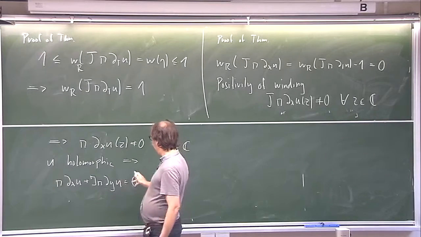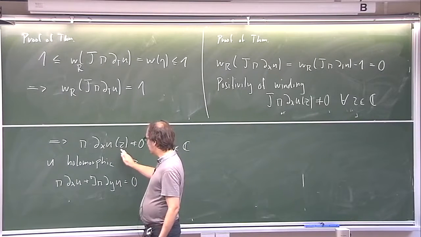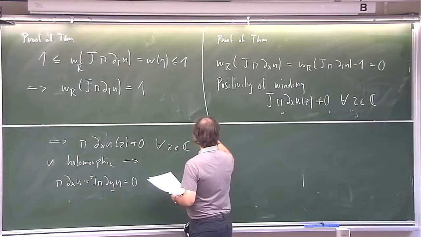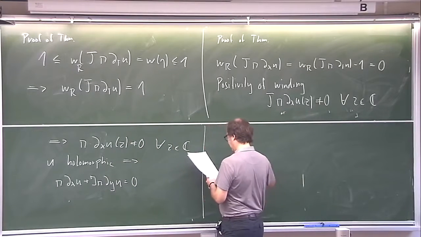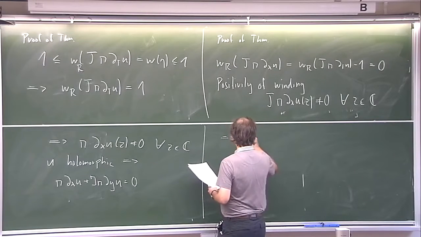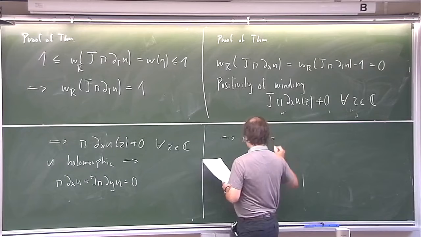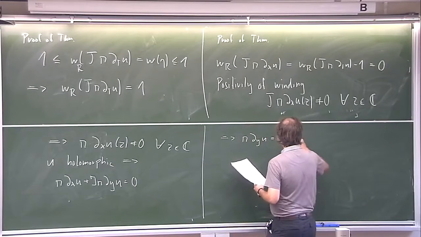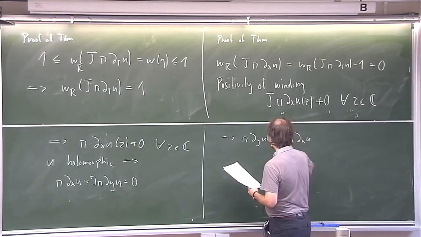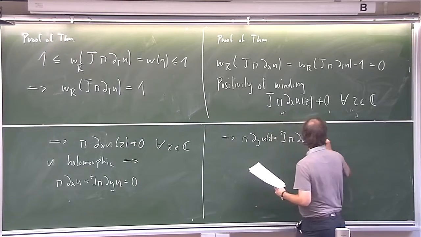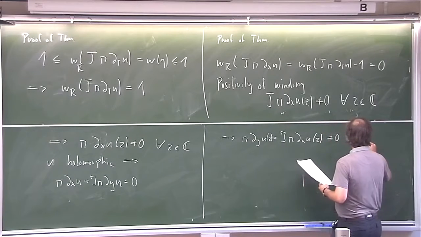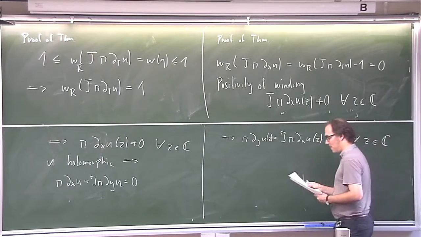So in particular, if dxu is never 0, then dyu is also never 0. So it follows that pi dyu, which is just J pi dxu, is different from 0 for all z in C.